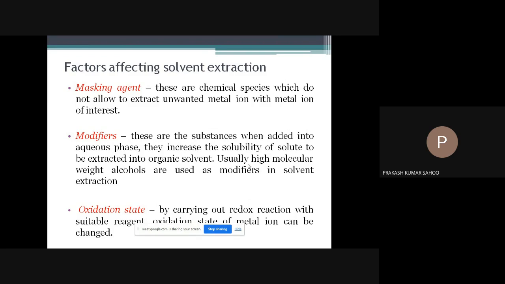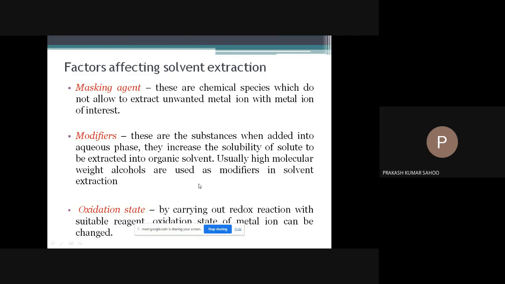So if a modifier is needed, then generally high molecular weight alcohols are used, whose role is to increase the solubility of the solute which is supposed to be extracted in the organic solvent.